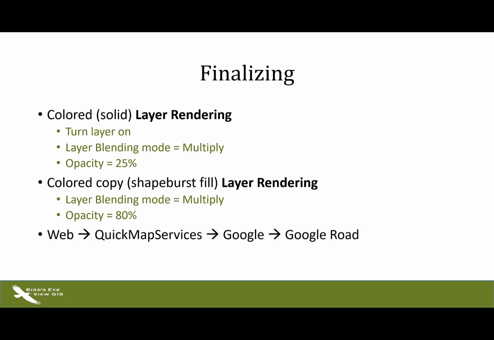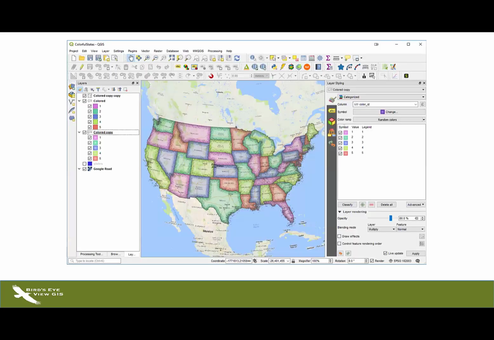So you'll have your marker line, and then your shapeburst fill, and then your solid layer all on, and it's going to create an effect that looks something like this. And especially if you zoom in on that, it can be pretty nice when you zoom into some of the smaller states.